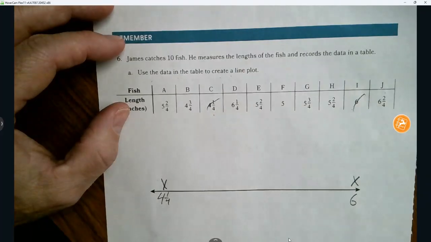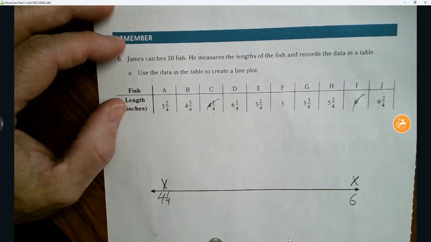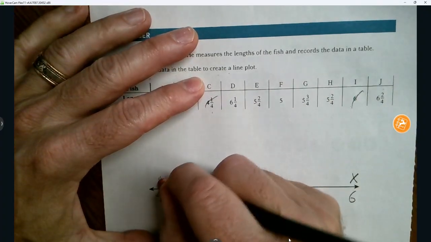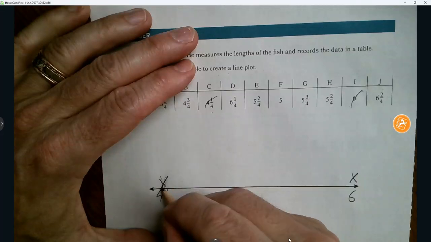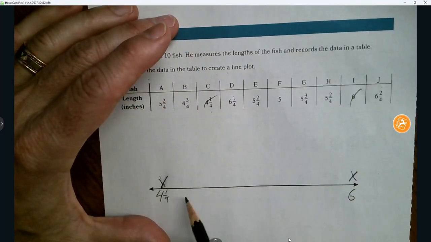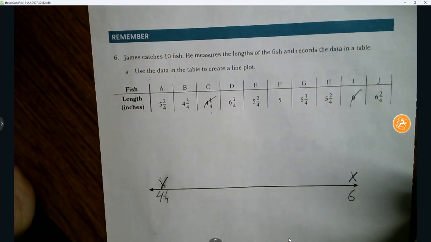There. Actually, I take that back. I made a mistake. They want us to plot all this out. So I am incorrect here. It's still how many times we see it, but they want all these numbers on the line, and then they want to see it. So kind of the same way I was doing it.